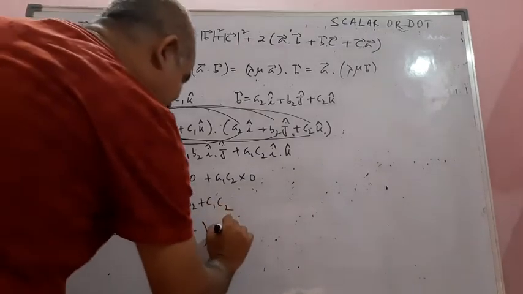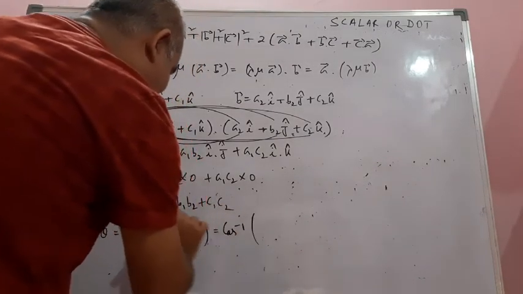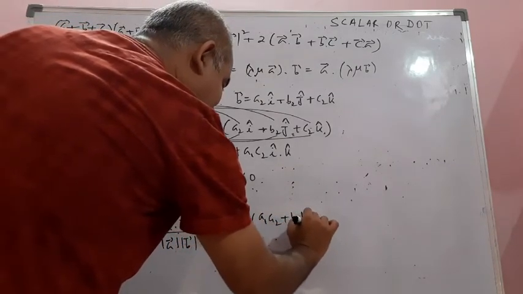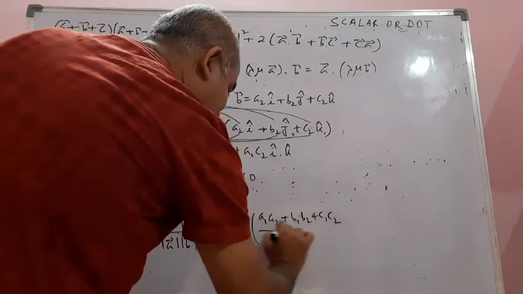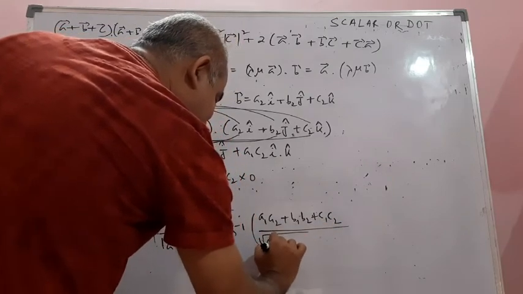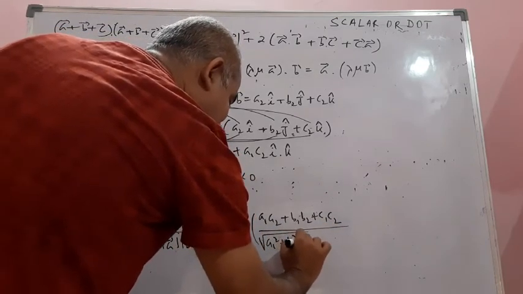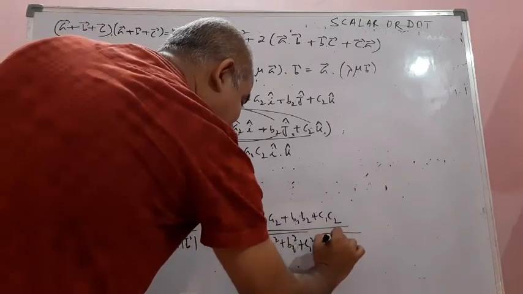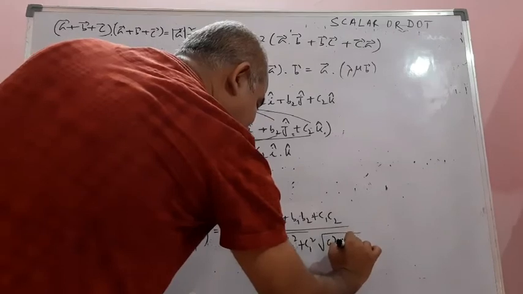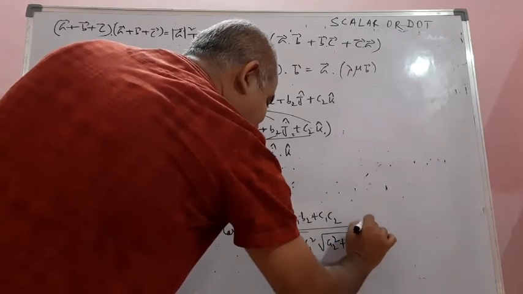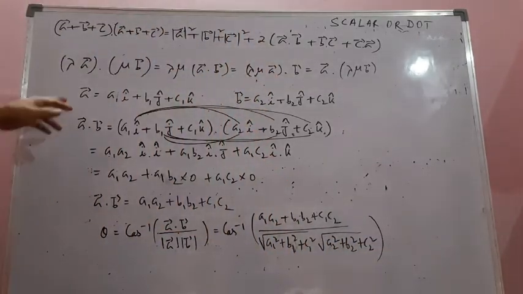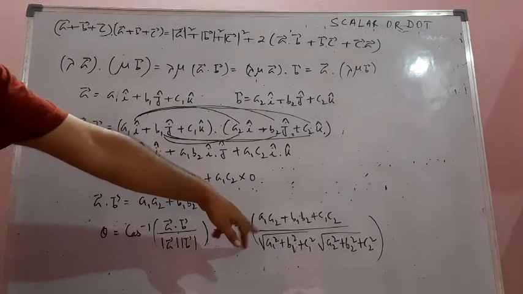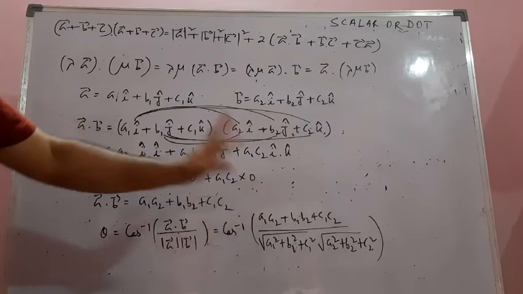Then angle theta will be cos inverse of a dot b, which is the sum of the products of corresponding scalar components of the two vectors, divided by the magnitude of a, which is the square root of the sum of squares of its scalar components, into the magnitude of b, which is also the square root of the sum of squares of its corresponding scalar components. So if two vectors are given and you have to find the angle between them, you can find this angle directly by using the components of the vectors.